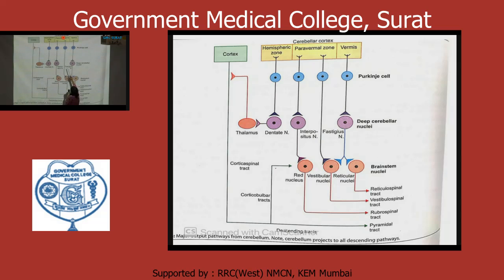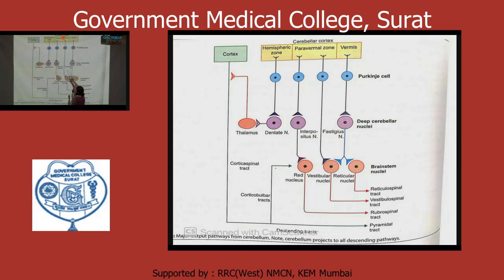From the interpositus nucleus, the red nucleus receives the impulse, and also the vestibular area and the reticular nuclei, whereas the reticular nuclei receive from the vermis area, and the vestibular nuclei receive from both the paravermal as well as the vermis area.